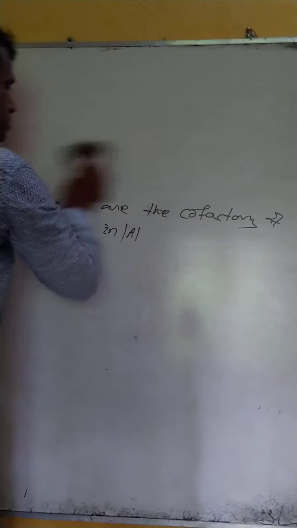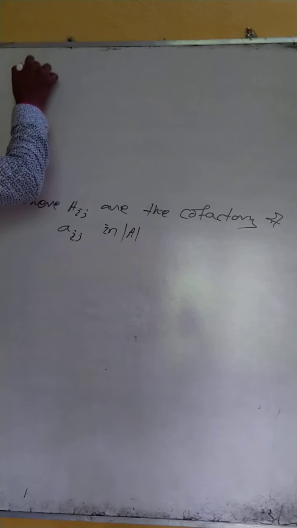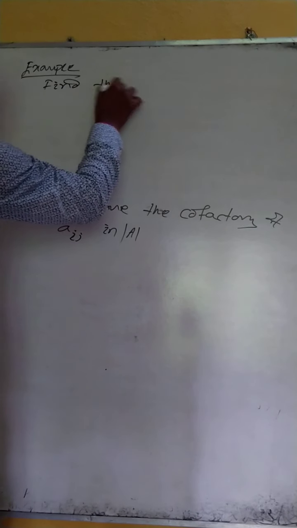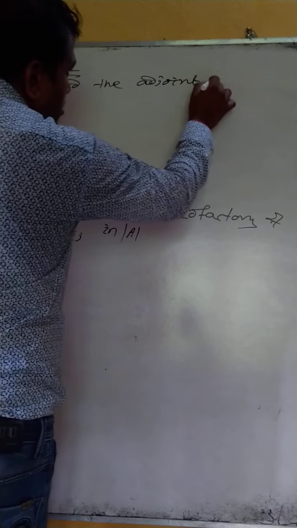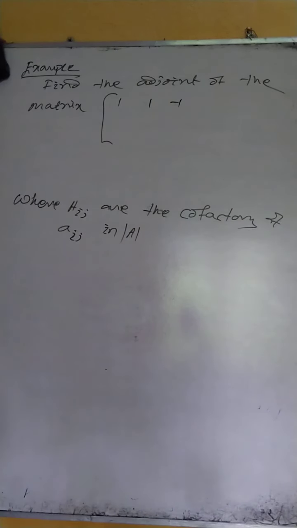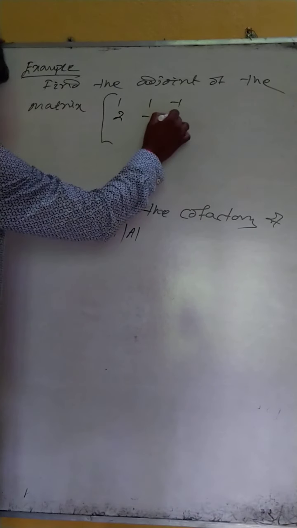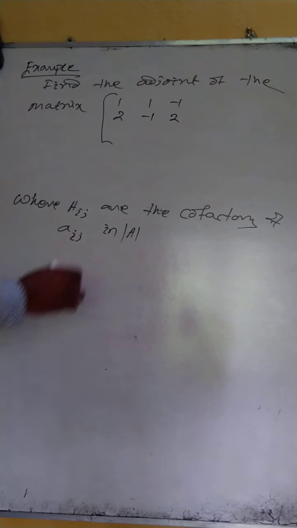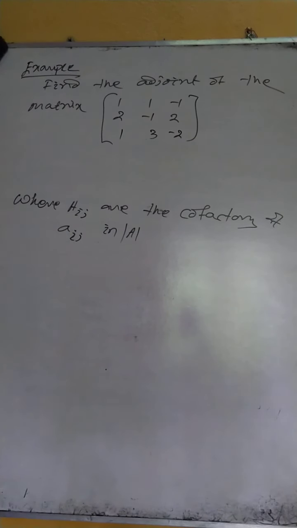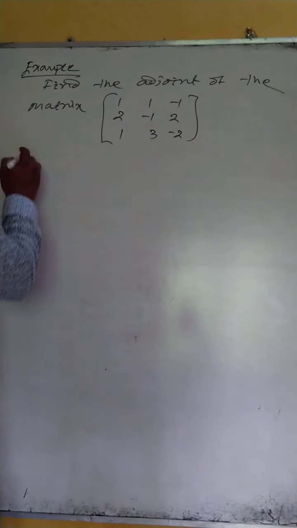Example. Find the adjoint of the matrix [1 1 1; -1 2 -1; 2 1 3; -2 ...]. Now we find the adjoint of this matrix.